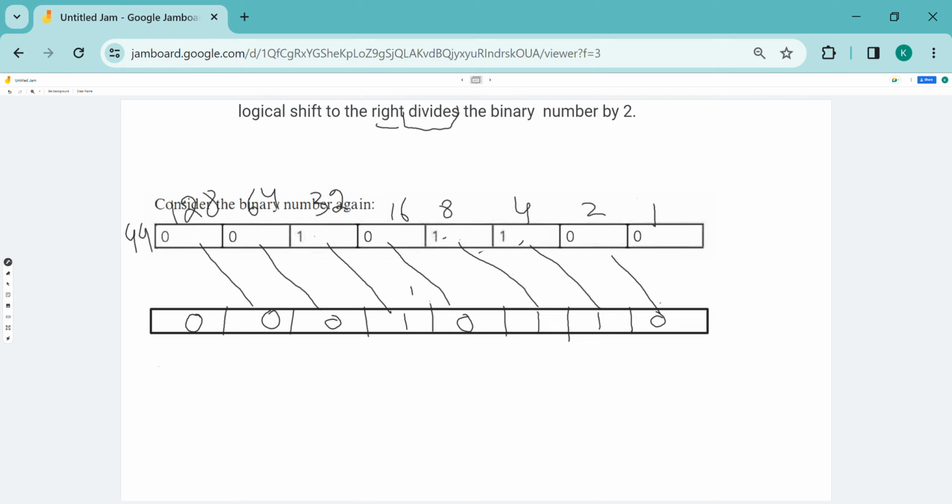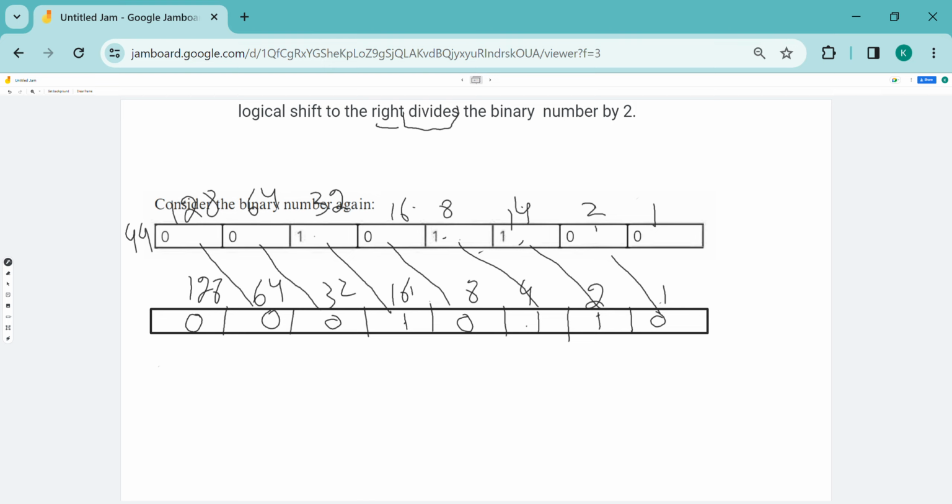So let's solve the shifted binary number. Here the 16 bit is on, then the 4 bit is on and the second bit is on. So 16 plus 4 plus 2. If you want to make it simpler, we can write the bit weights again here: 1, 2, 4, 8, 16, 32, 64 and 128.